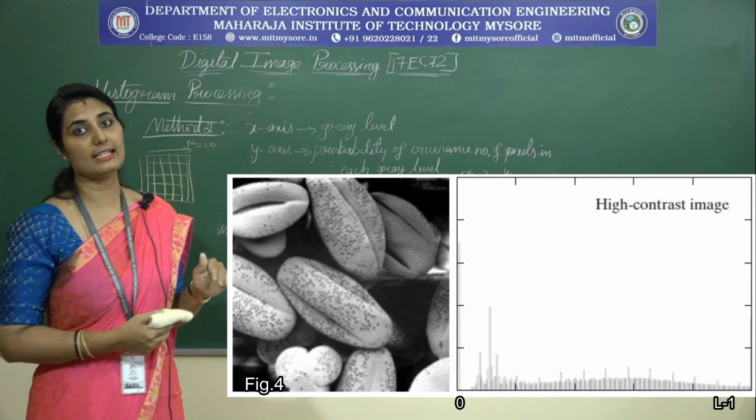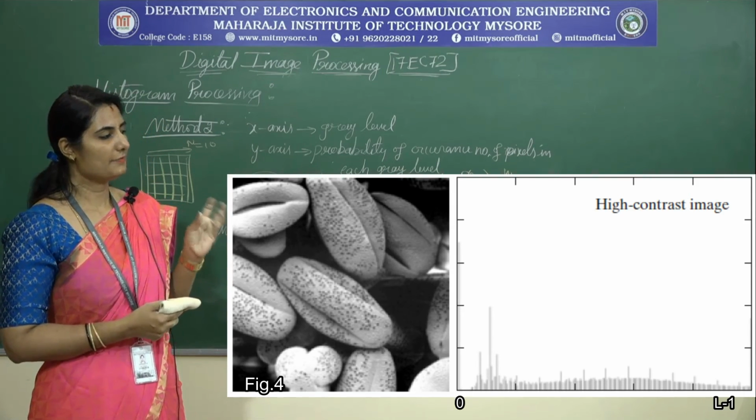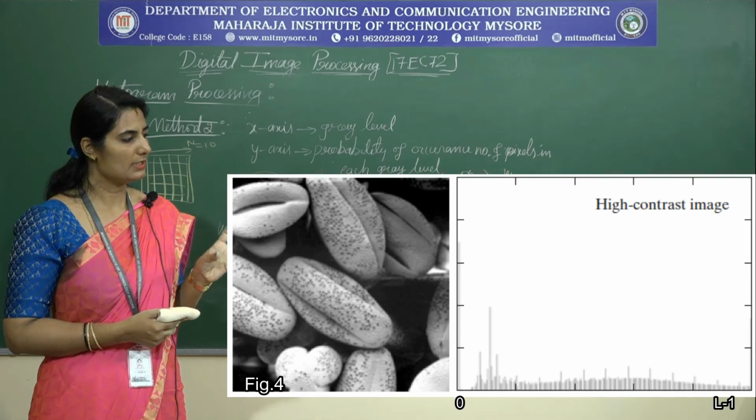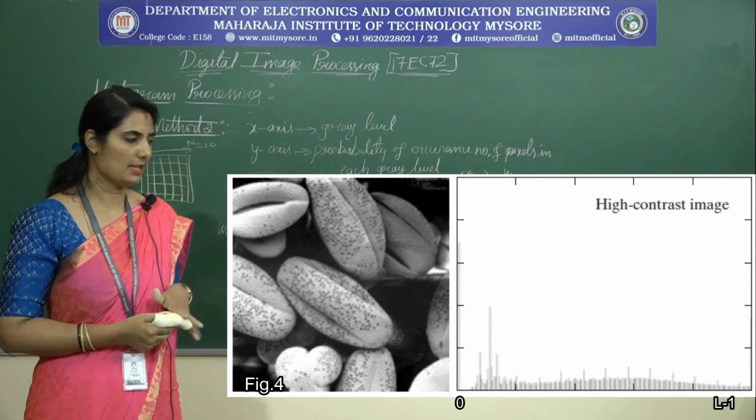Now look at figure 4. This is the high contrast pollen image. Here the fine details are clearly visible. This is a good quality image compared to the previous images.